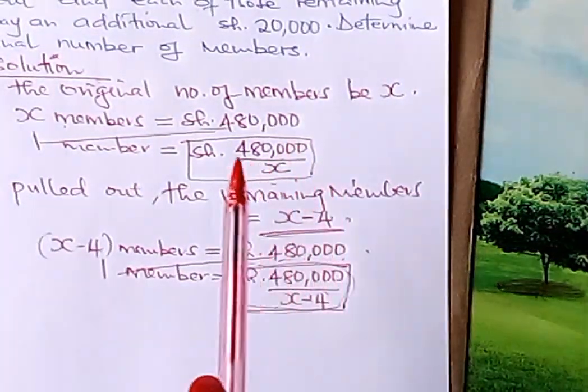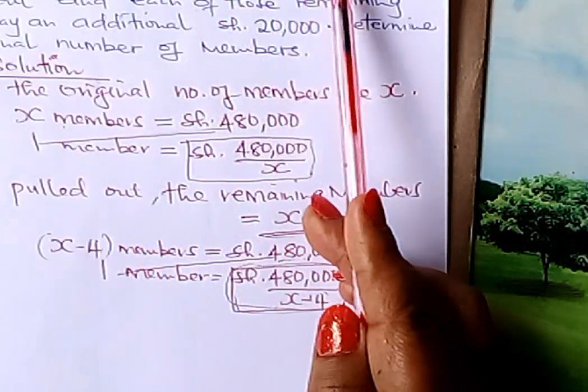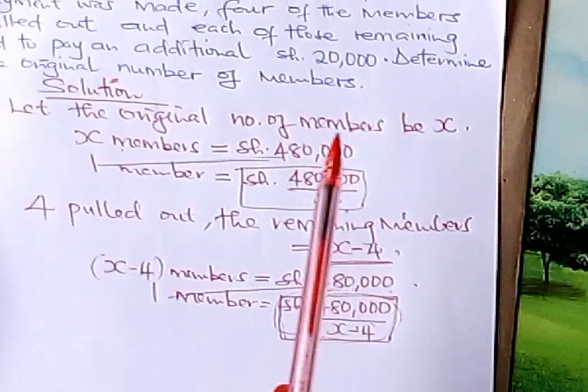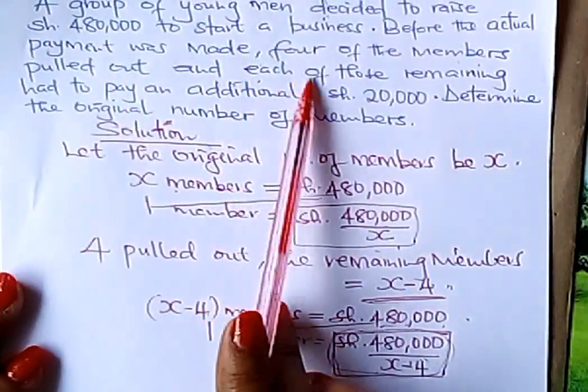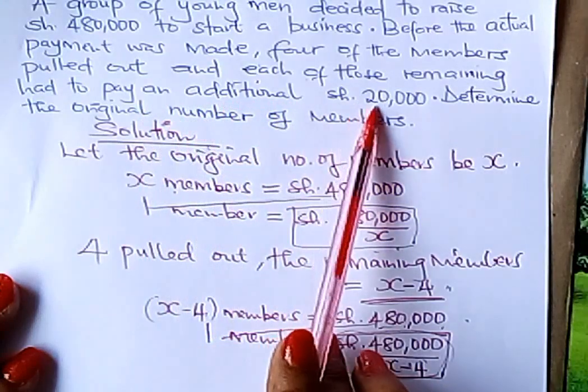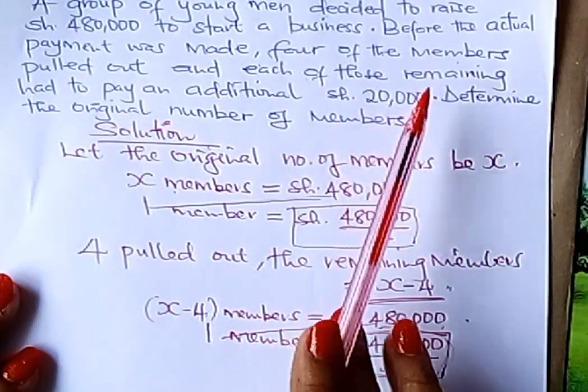Let us go through it again. Before the actual payment was made, 4 of the members pulled out. And each of those remaining had to pay an additional shillings 20,000.